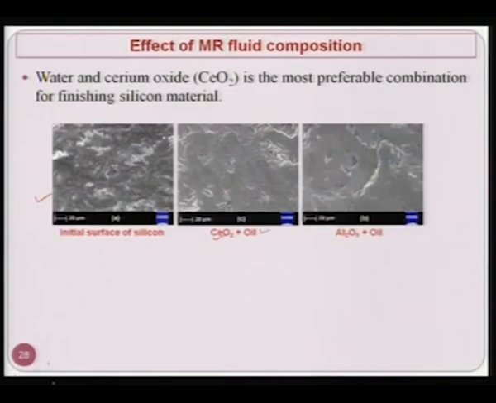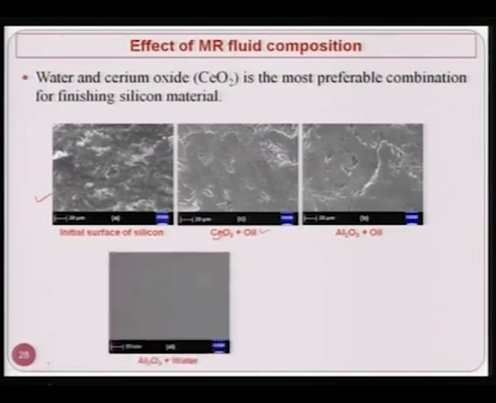Then finishing was done with alumina as the abrasive particles and oil as the carrier fluid, and you can see the improvement in the surface finish. Later on, water was taken as the carrier fluid and alumina as the abrasive particles, and there is a significant difference between the top three surfaces and this particular surface.